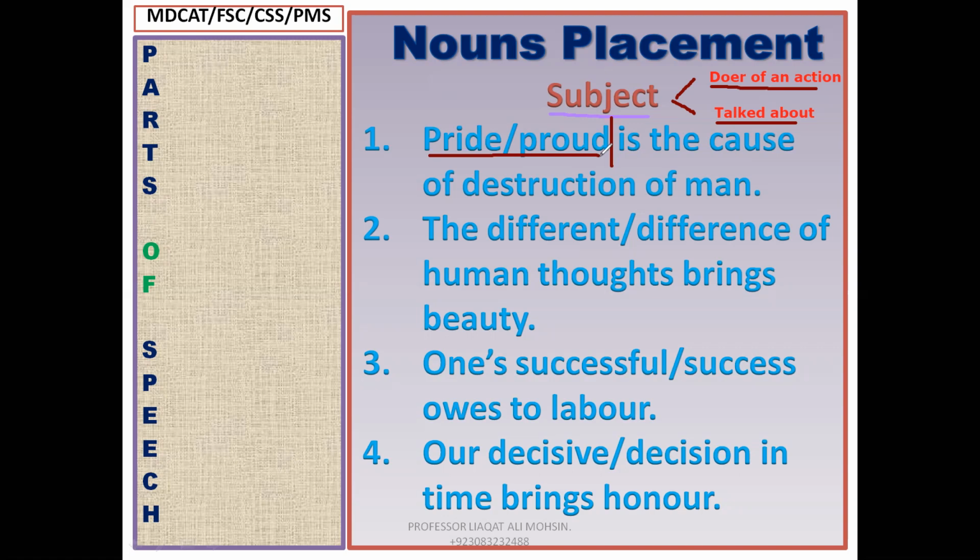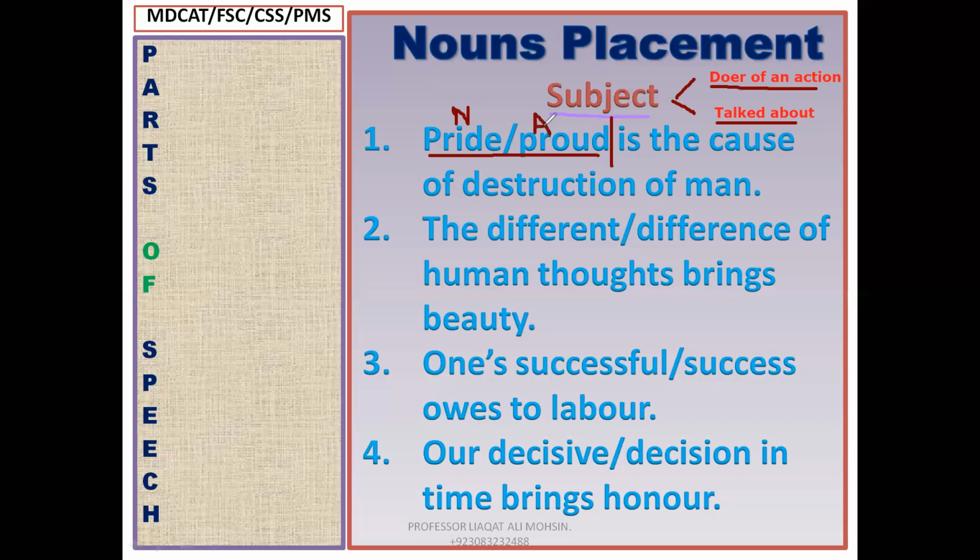Before that verb is the position of the subject. As we are understanding the functions of nouns, the first function we are going through is that it is used as a subject. It means the word in the place of a subject should be a noun. Suppose here two words have been given, and you have to choose which word is to be used. Pride is the noun and proud is the adjective.